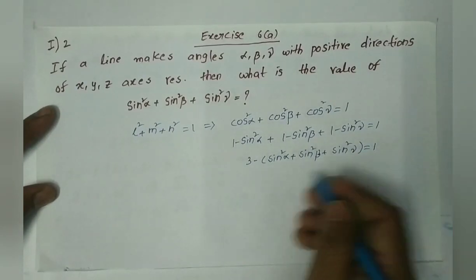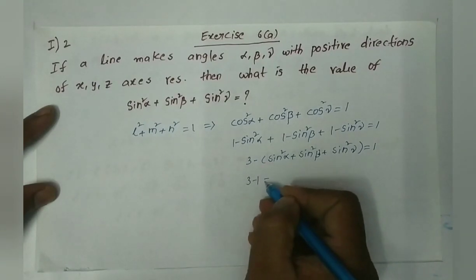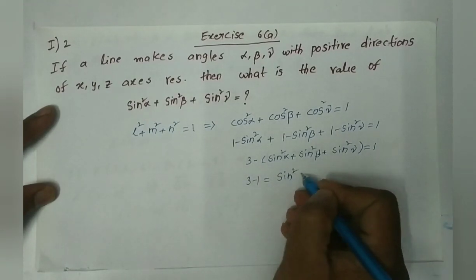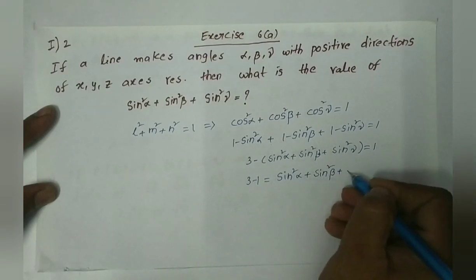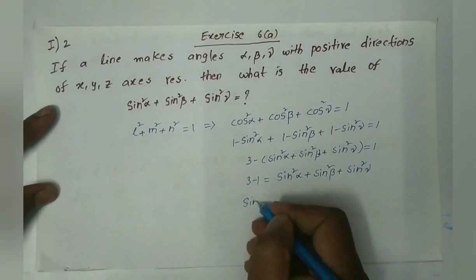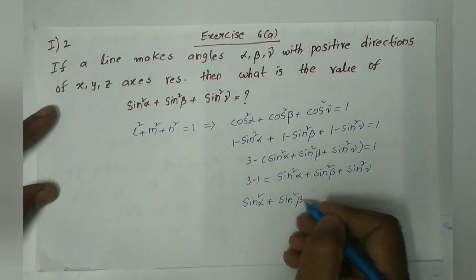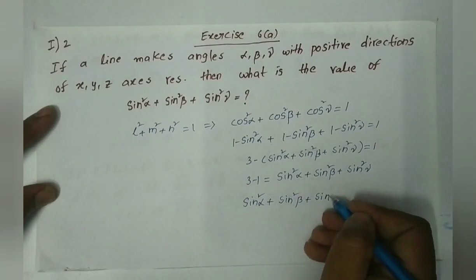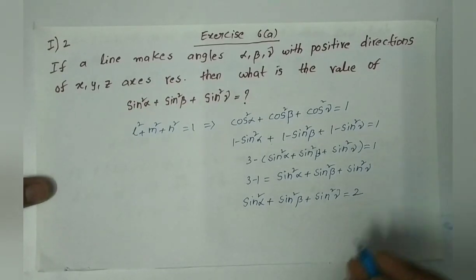So 3 minus 1 is equal to sin square alpha plus sin square beta plus sin square gamma. Therefore, sin square alpha plus sin square beta plus sin square gamma is equal to 2.